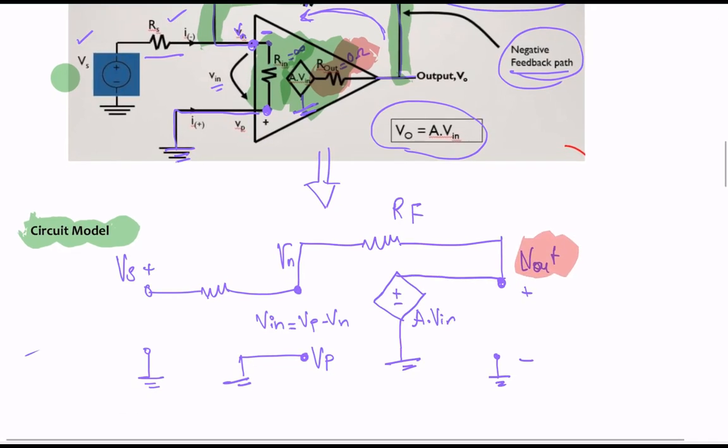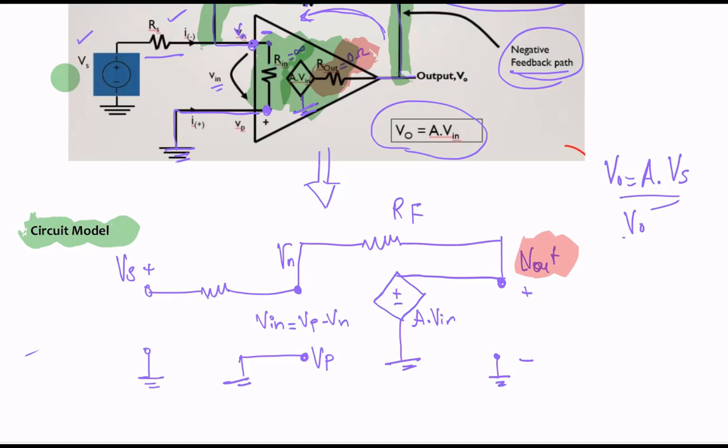Now I have transformed that circuit into the circuit model. Now I'm going to apply nodal voltage analysis, and then do some manipulation to get an equation for the output gain. Remember, we are striving for V naught equals A dot Vs, correct?